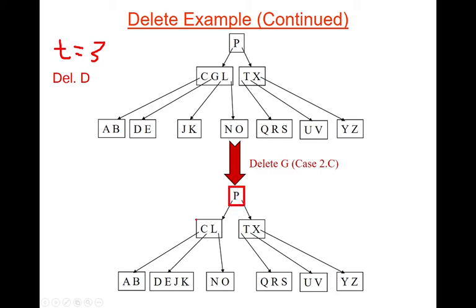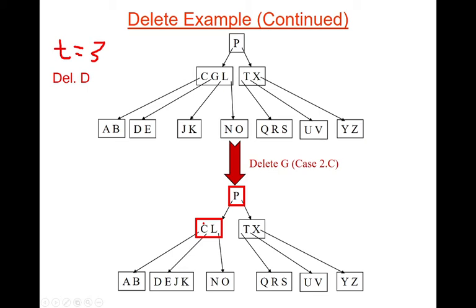Then we come here and we see that this node, while going down, we have to make sure that every internal node has at least t keys. Now if you see here, this particular node does not have t keys, right?